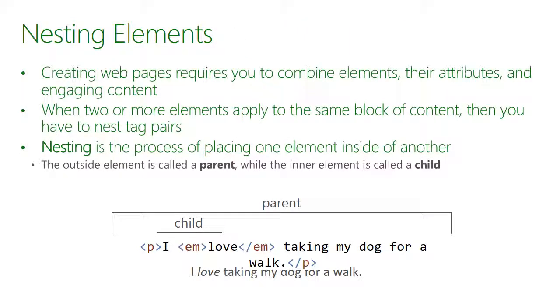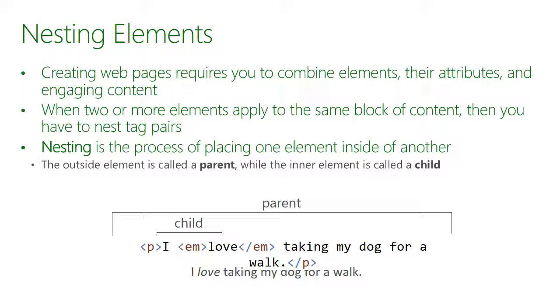Let's have a look at nesting elements. When you create web pages, you need to combine elements, their attributes and the engaging content. So when two or more elements apply to the same block of content, then you have to nest tag pairs. Nesting is the process of placing one element inside another.